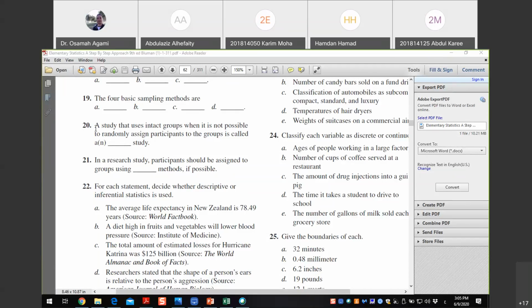Yes. Number 20, please. A study that uses intact groups when it is not possible to randomly assign participants to the group is called... I will answer for you, convenience, because it will be not sampling. You go to your friends.